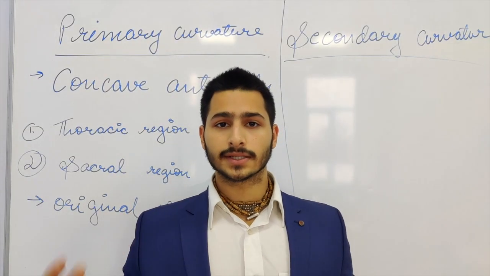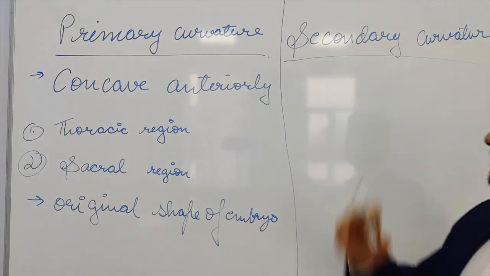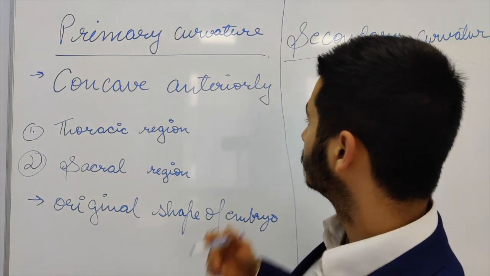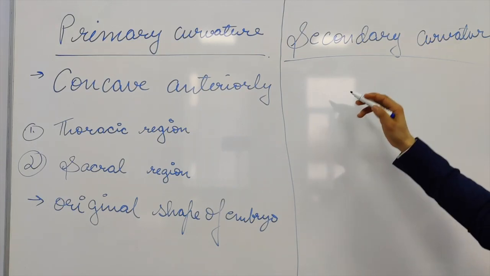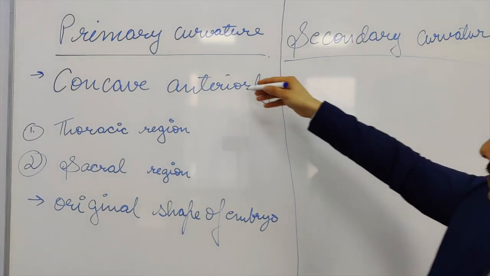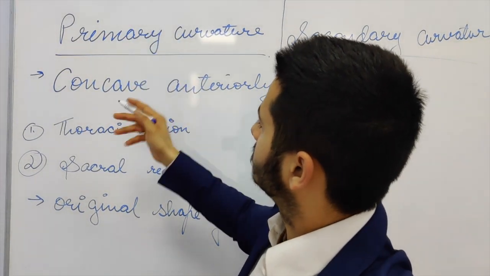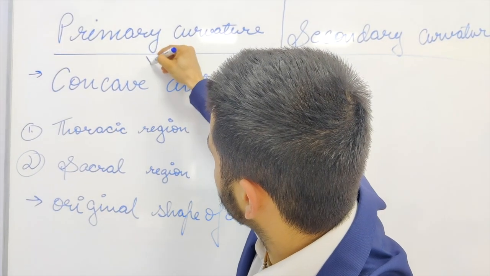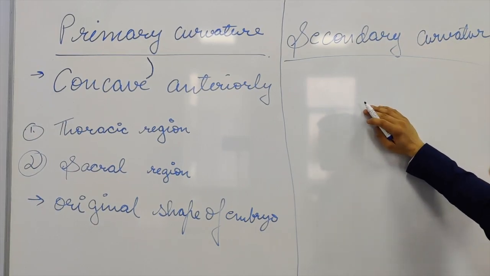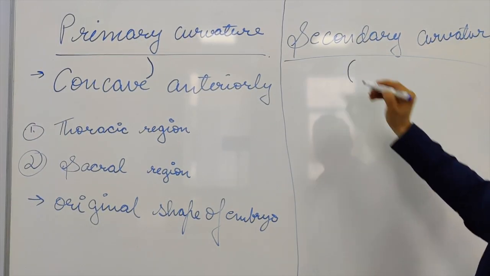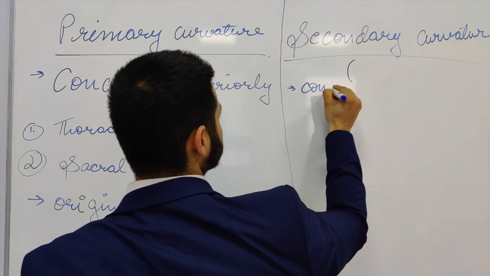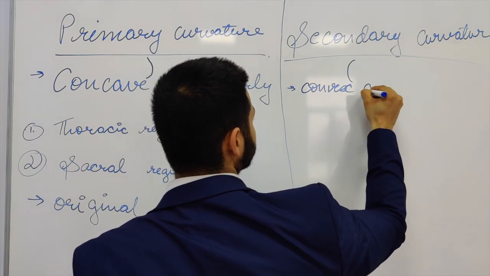Moving on to the next curvature, that is the secondary curvature. Again, when we view the body laterally, we will see that the vertebral column is convex anteriorly. The primary curvature had a concave shape anteriorly, so the vertebral column looks curved like this, whereas the secondary curvature is convex anteriorly.